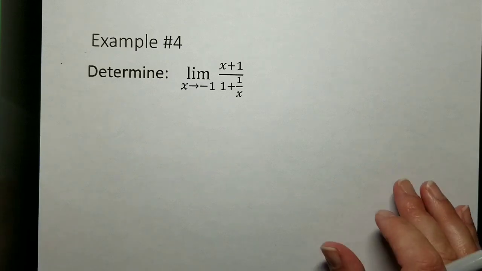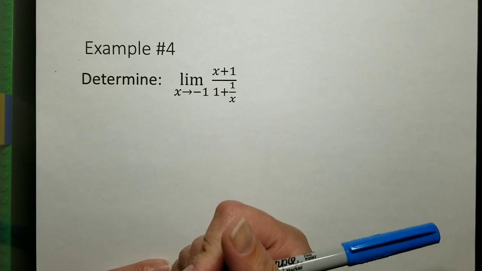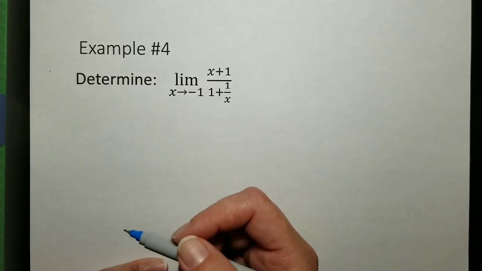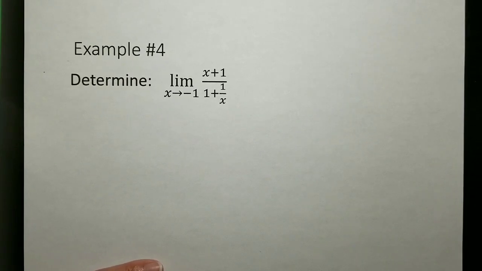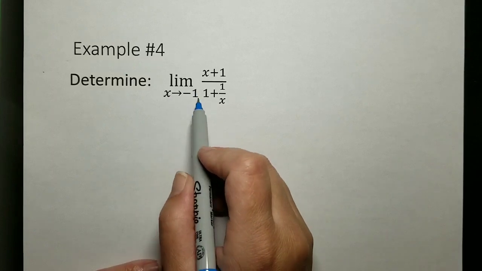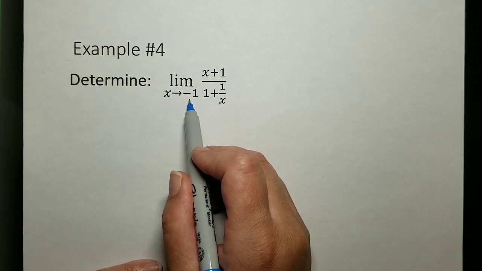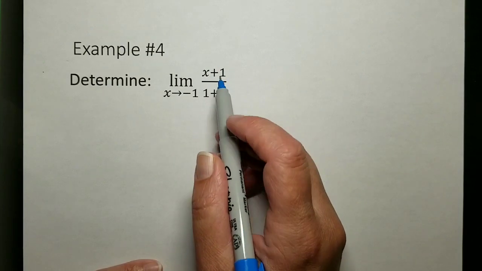Okay, one last example here. We do a lot with factoring, especially initially, but it's not always factoring. Sometimes it's other ways of simplifying. So here, if we put in x equals -1, we would get -1 plus 1, which is 0.